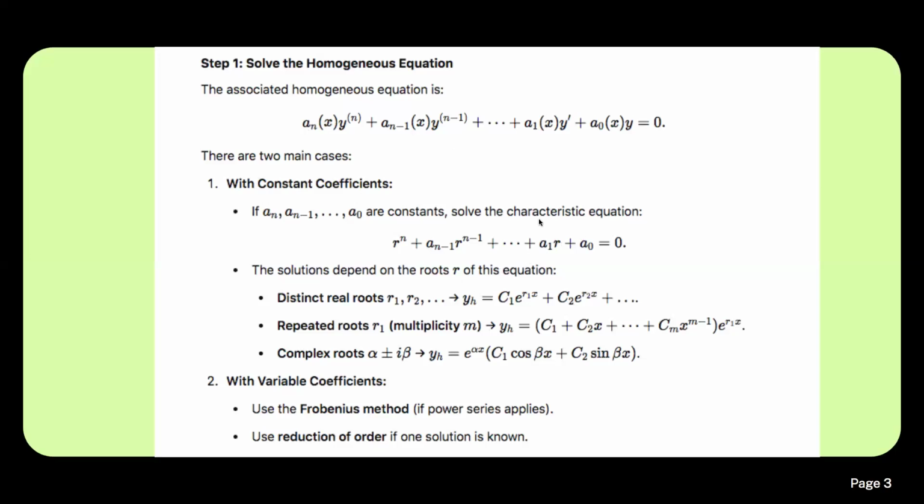The characteristic equation can be written as r^n plus a_(n-1) r^(n-1) plus ... plus a_0 equals 0.